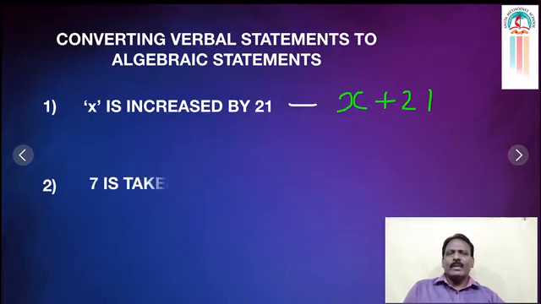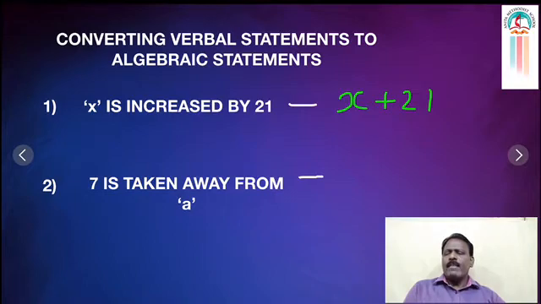The second one. 7 is taken away from a. How can you write the algebraic statement? a minus 7. Third one. Twice p. Twice means multiply. Okay. How can you write 2p?